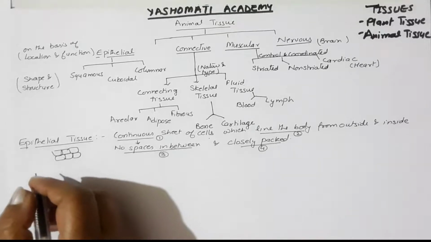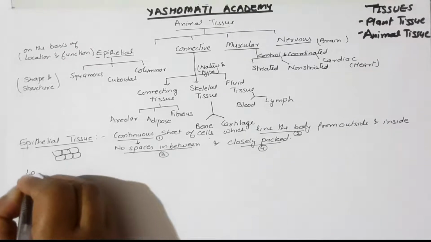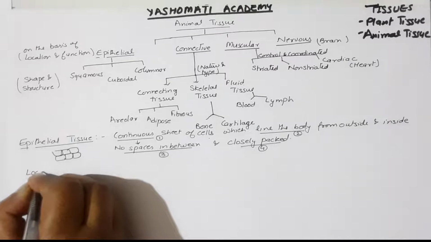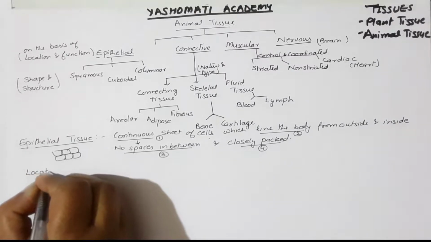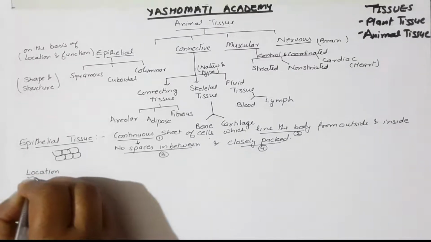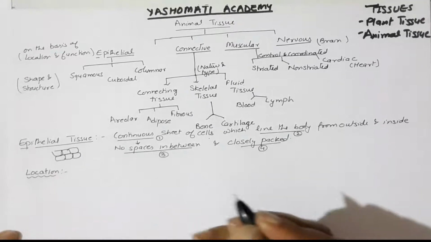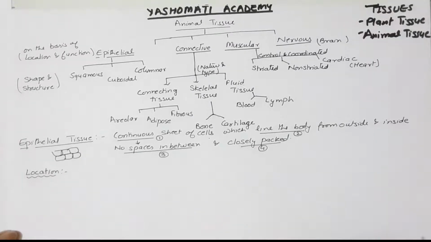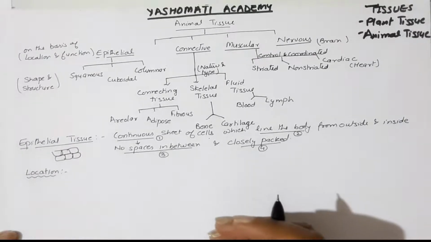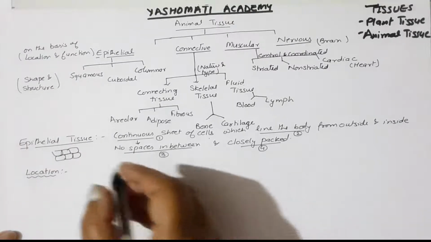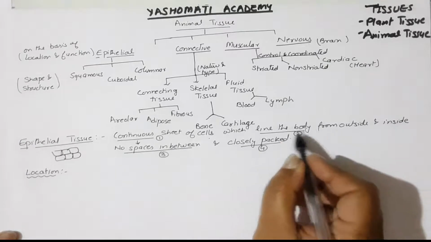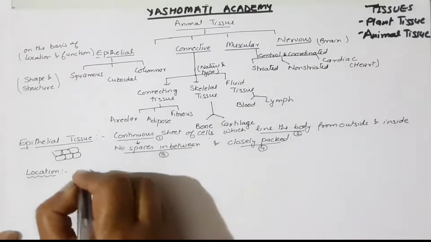Let us try to understand where these tissues are located, or what is their location. Location means where will you find them. If you want to study them, where will you find them? Epithelial tissue covers the external surface. As we have studied, it covers the body from outside.